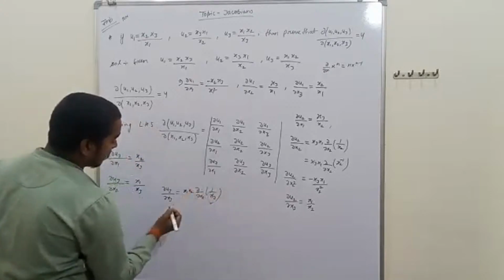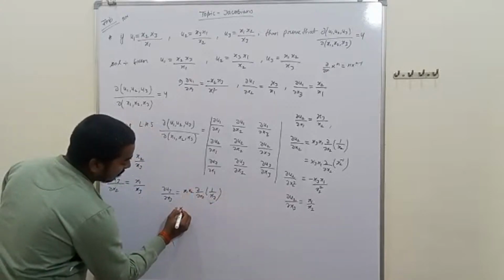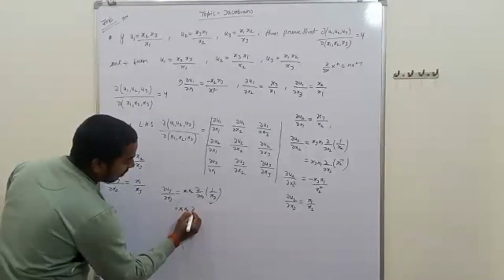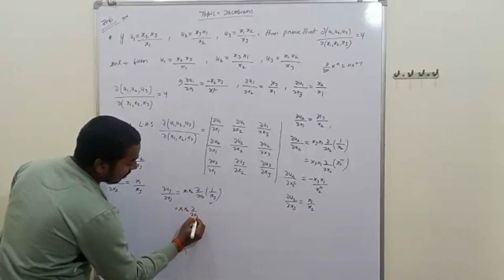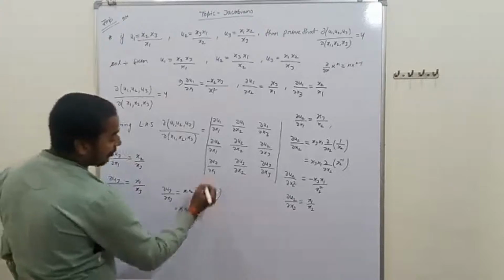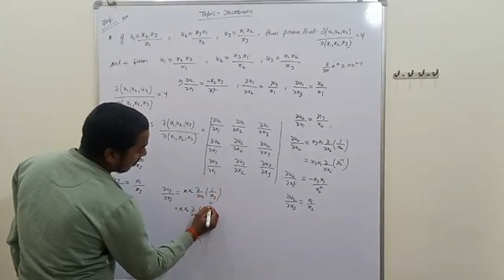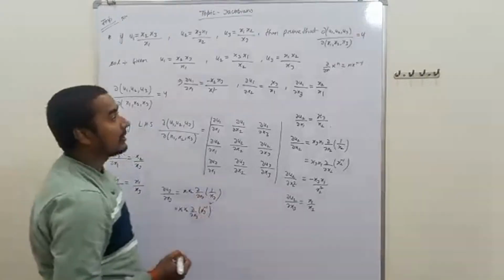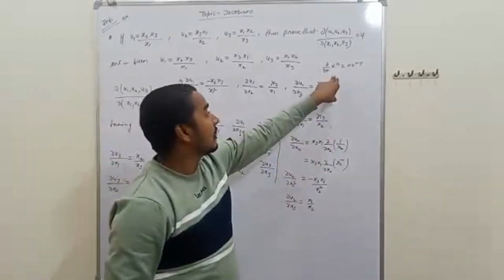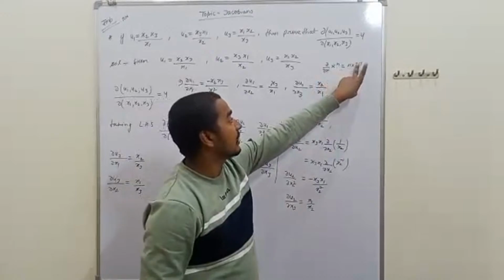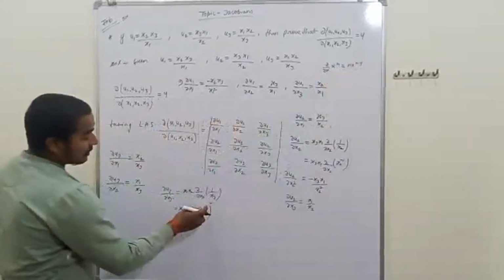We can differentiate, that is x1 x2 and del of del x3, taking x3 into numerator, that is x3 to the power -1. Again using the identity del by del x of x^n, that is n x^(n-1). Here n is minus of 1.